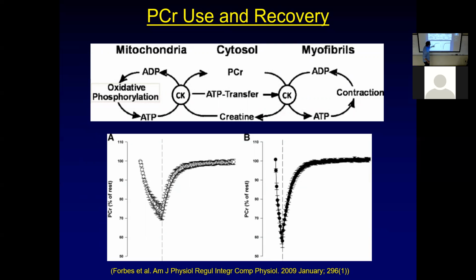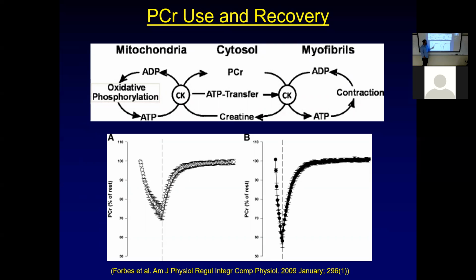We can fit these curves and measure slope constant or time constant or half-life or whatever your favorite way of quantifying those things is, and it will tell us something. People that are better trained aerobically in that muscle, for the same level of depletion, will resynthesize or reconstitute faster. Okay? They'll reconstitute faster.